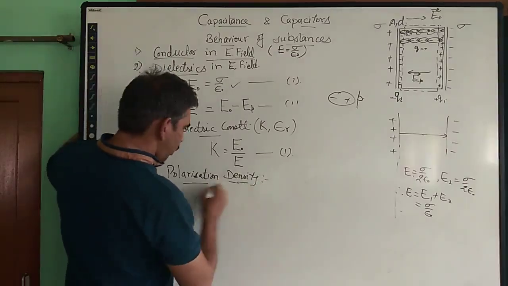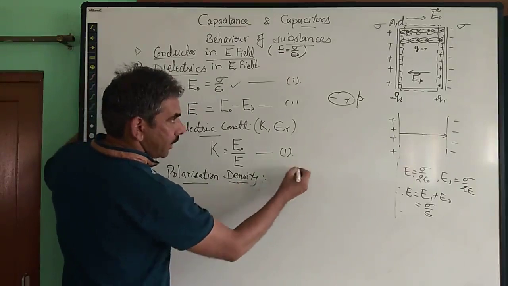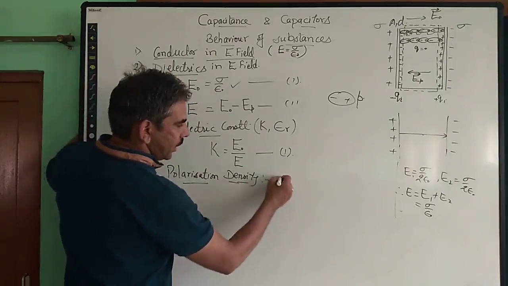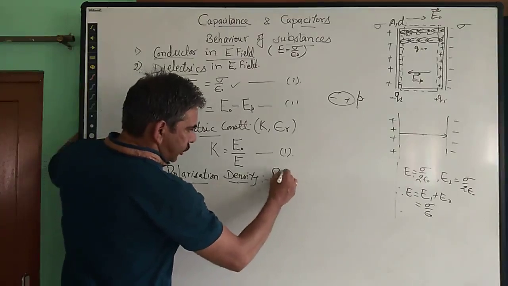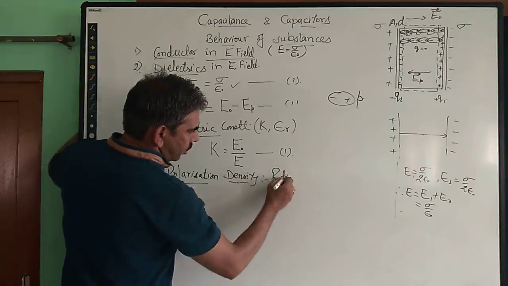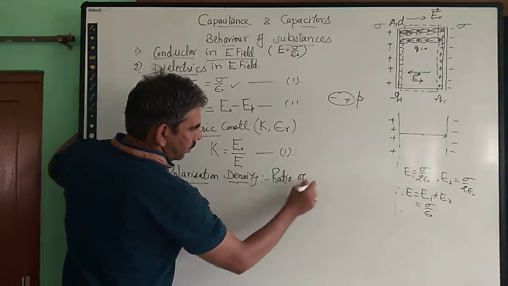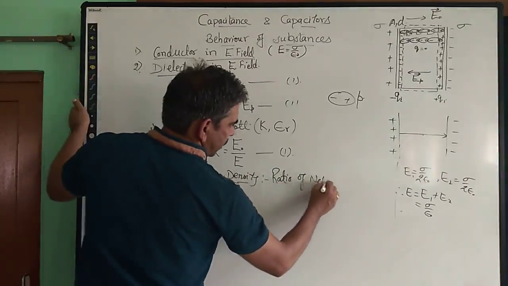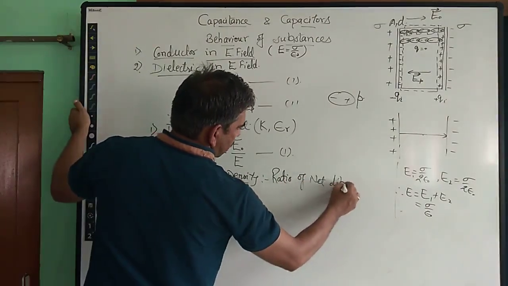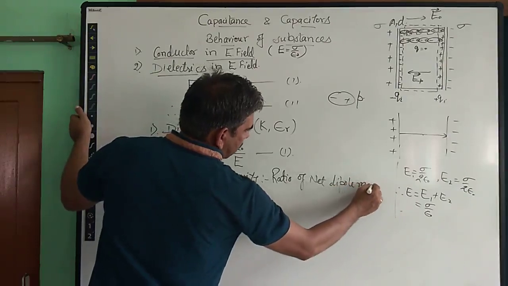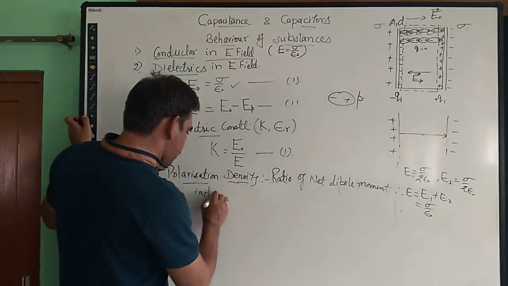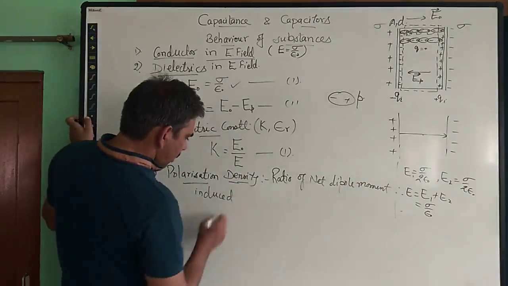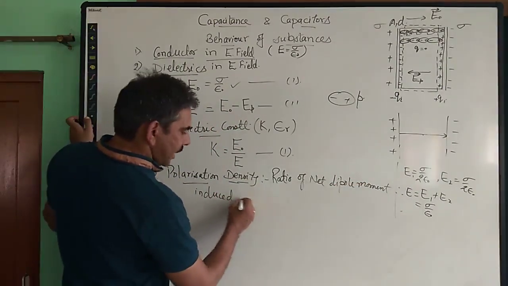the polarization density of a non-polar dielectric is defined as the ratio of net dipole moment induced. This dipole moment is induced; it was not there earlier. Induced on applying the external electric field.